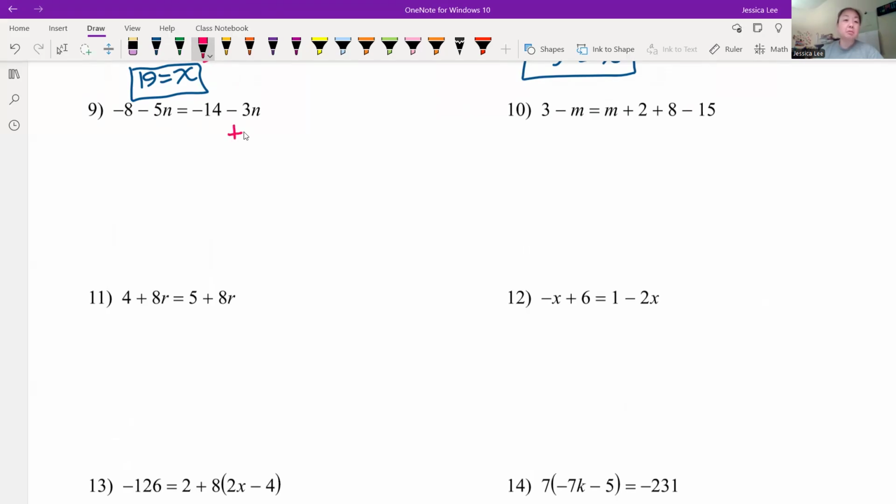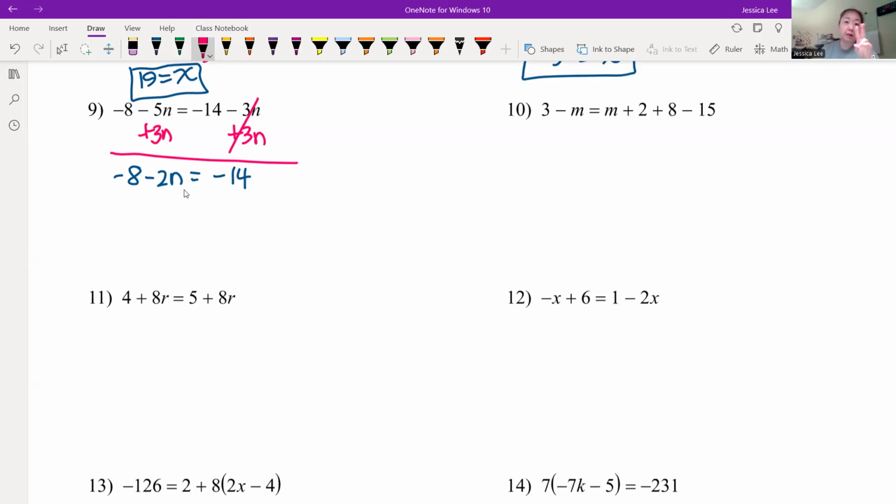Okay, so remember, we're trying to get rid of the whole thing, so we have to add both the 3 and the n, right? That crosses out, and we get -8. -5n plus 3n is going to be -2n. And if you don't know your math facts, you really need to know how to do them. It would save you so much more time. You would learn it a lot better.